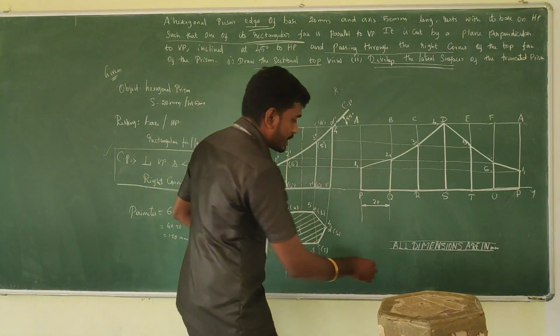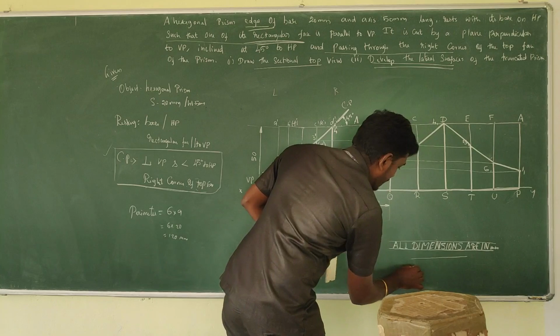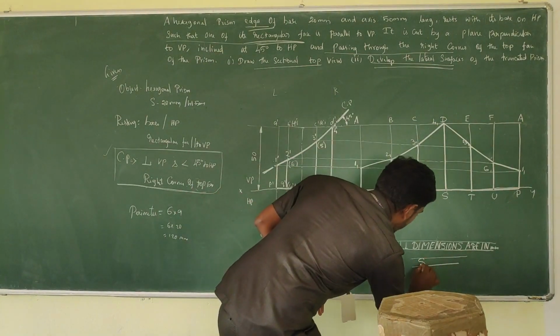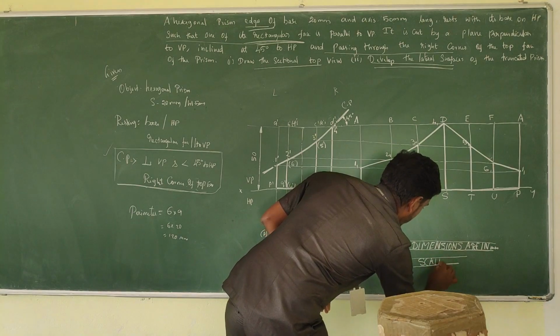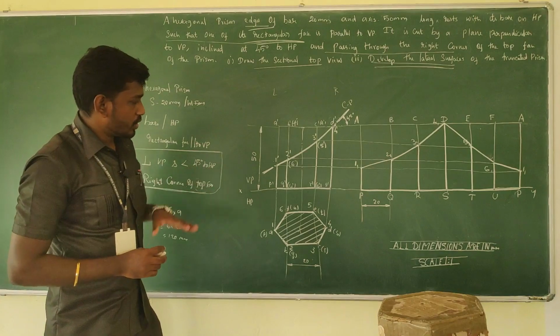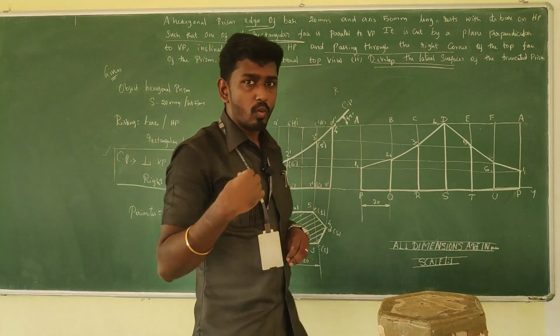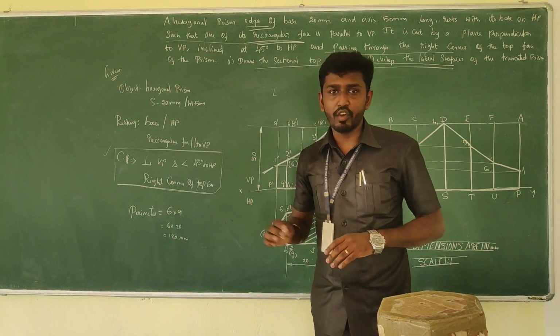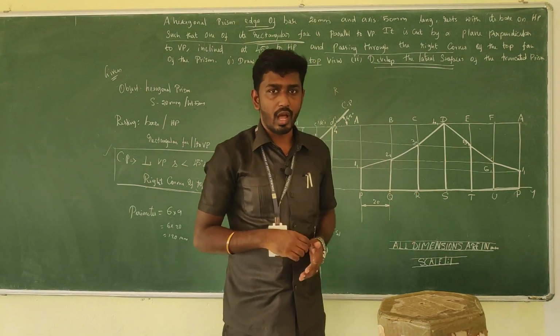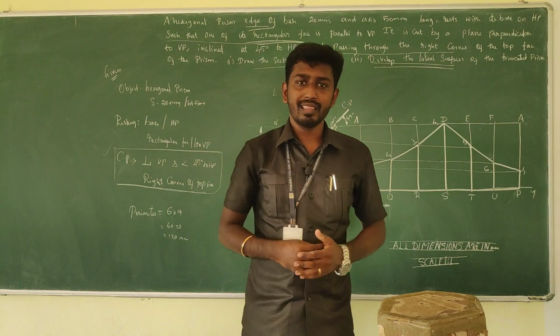And also you can write about the scale. Here we have used the true scale, so we can write scale 1:1. Okay, so this is how we need to work when you are having such kind of conditions. I hope you understood how to make it, how to stretch it out. Okay, thank you so much.